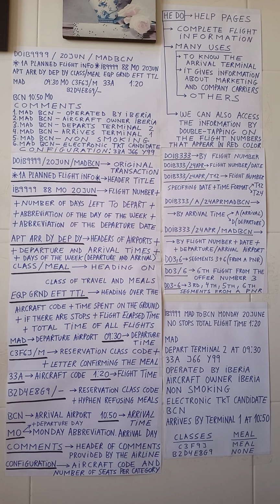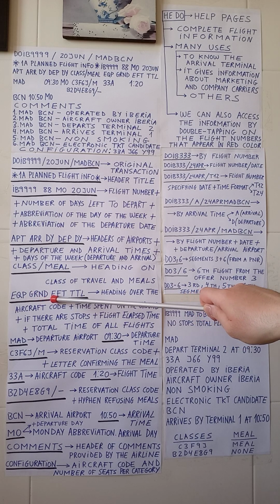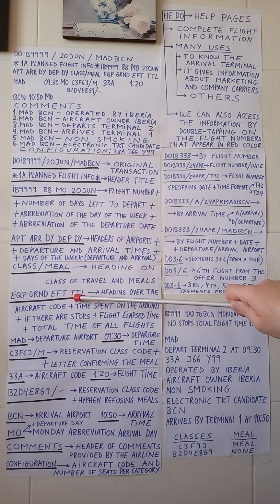The last group of titles is EQP, GRND, EFT, TTL, which is here, okay? EQP is the abbreviation used to indicate that below it we will see the code of the aircraft. GRND is the abbreviation used to indicate that below it we will see the time that the plane will remain on the ground if there are intermediate stops.